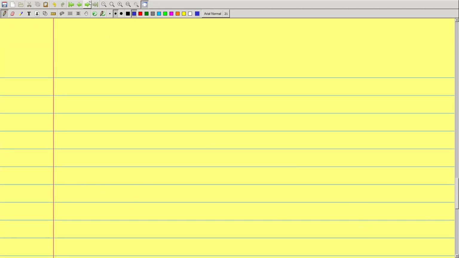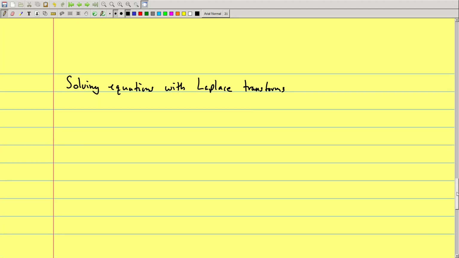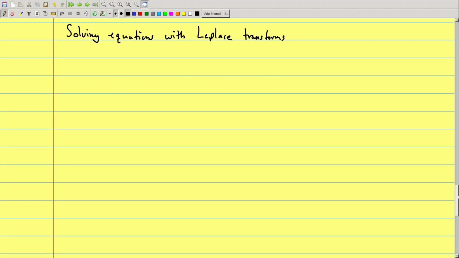Now, one of the things that is somewhat unique to Laplace transforms is that we don't really bother to use Laplace transforms unless we have an initial value problem to solve.